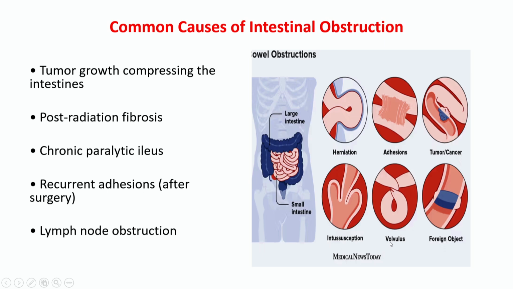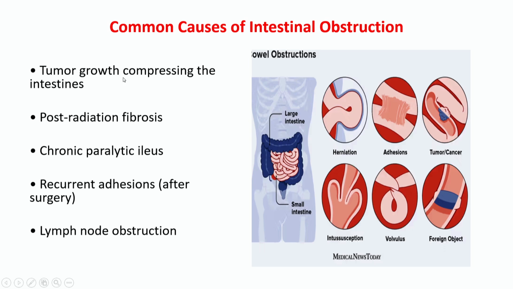Intussusception. Volvulus, the intestine has been twisted, wrapped on each other, and foreign obstruction, something you have eaten which has not been digested and it has blocked your intestine. These are the common causes when you get obstruction in your small intestine or large intestine. Mostly the large intestine is the more problematic because the stool is collected here and that is toxic also.